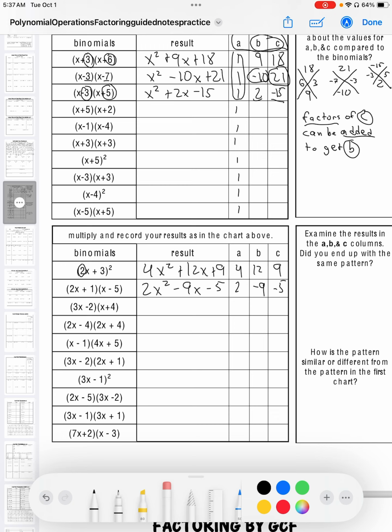So a is what we get when we take the first two numbers times each other. 2 times 1 would be a, which is 2. Negative 5 is what we get when we take the last two numbers together, 1 times negative 5. And then b is what we get when we combine our like terms in the middle. So this time the pattern is a little bit harder to see.